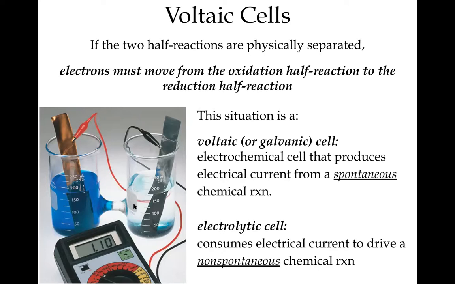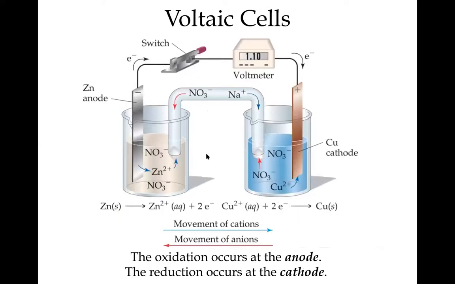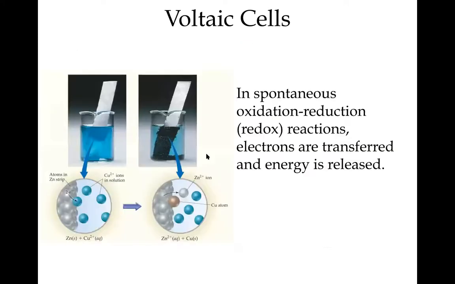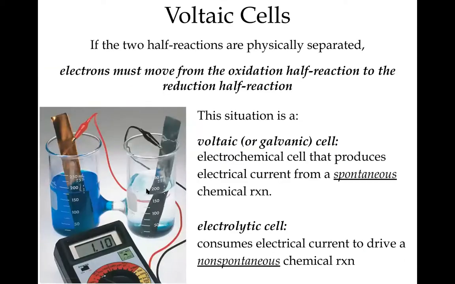But just like in the previous situation where they're in the same container, we have it going from the oxidized zinc to the reduced copper. That situation has to be true also when they're separated physically. It has to move from the oxidation half reaction to the reduced half reaction. This, by definition, is a voltaic or galvanic cell.